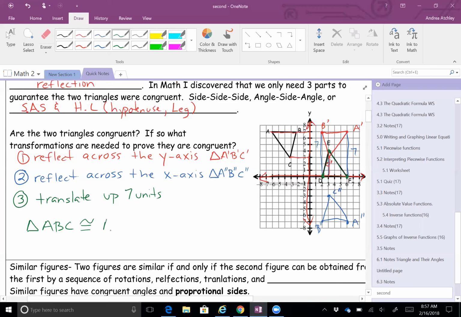To triangle F, what corresponds to the B in my new triangle? D. And what corresponds to the C in the next triangle? E. Again, it really matters that you line up the corresponding angles. Any questions over that? Yes.